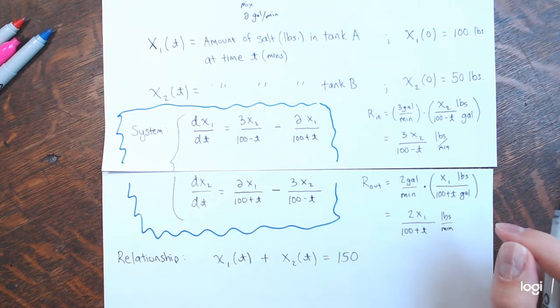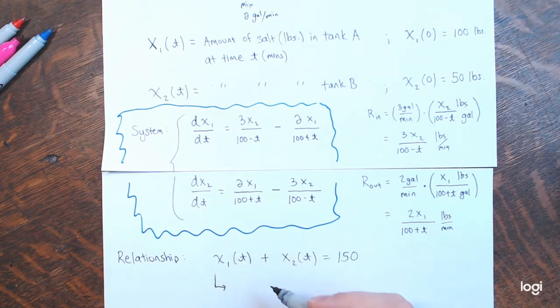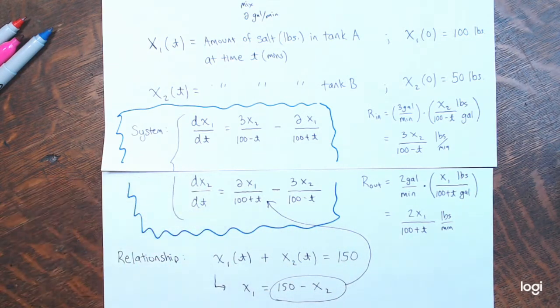And then we can actually use this relationship to help us solve for x2, the amount of salt in tank B at 30 minutes. If I solve this for x1, x1 would just be equal to 150 minus x2. And I'm going to substitute this for x1 in this equation involving the derivative of x2. Let's see what we get.